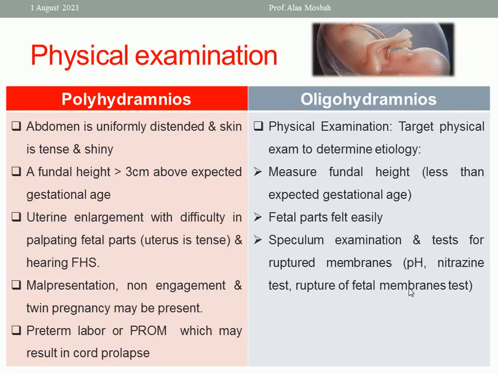Fetal parts felt easily because the amniotic fluid is decreased. Speculum examination and test for rupture membranes, like testing the pH, which is alkaline in case of amniotic fluid leakage.